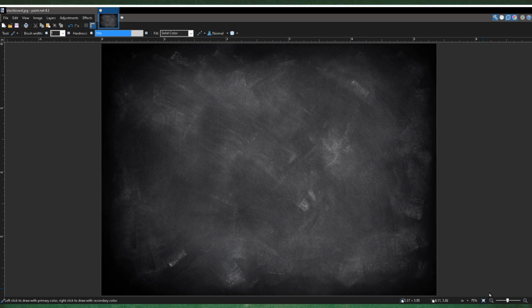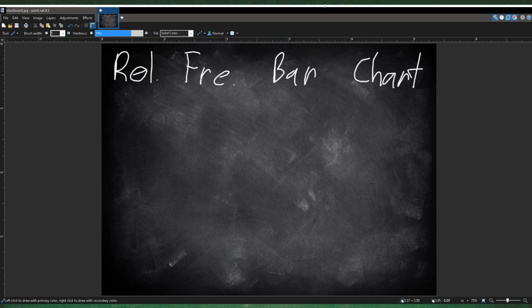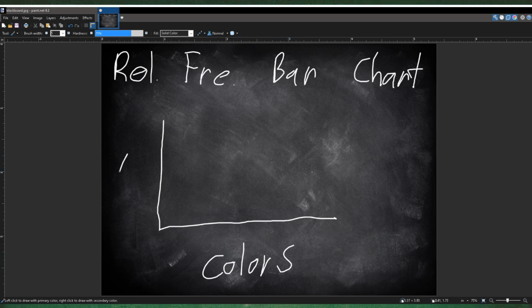And similar to how a frequency table has a relative frequency table that does it with percentages, a bar chart has a relative frequency bar chart. I'll just write it as relative frequency bar chart. So it's just the percentage version of a bar chart. So as our example had, we have colors, we have amounts, and we have red, blue, and green, right?